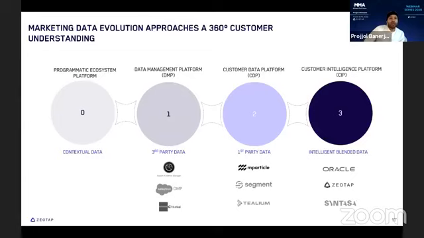If we trace the history of data in marketing, the use of large-scale data in marketing was almost sparked by the introduction of programmatic at the turn of the millennium. And of course, the first stage of this evolution was contextual data.